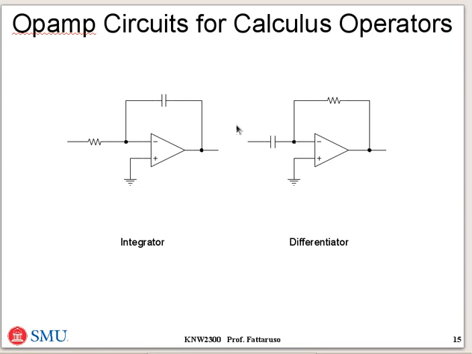This is the circuit block for an integrator where the function of time at the input is integrated at the output, and also a differentiator circuit where the function represented by the voltage waveform at the input is differentiated at the output terminal. So you can actually put together circuits that solve differential equations and do all sorts of useful filtering operations.